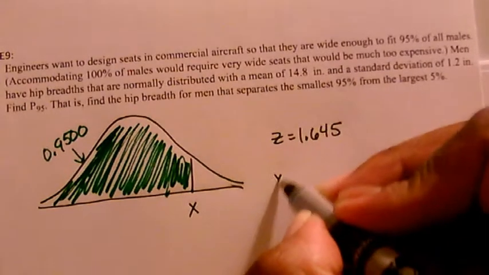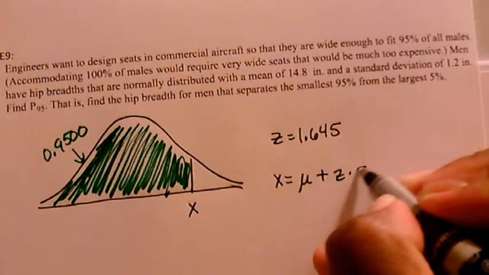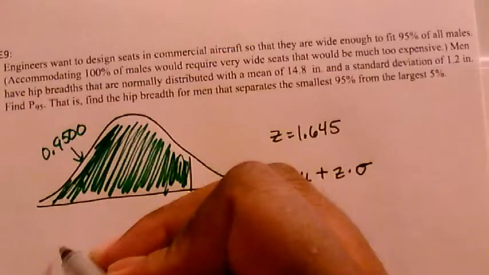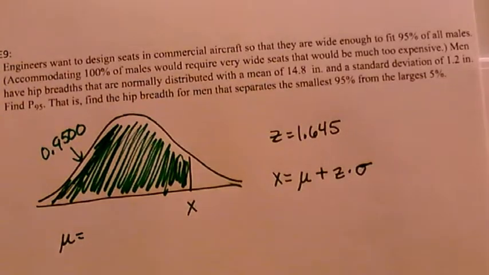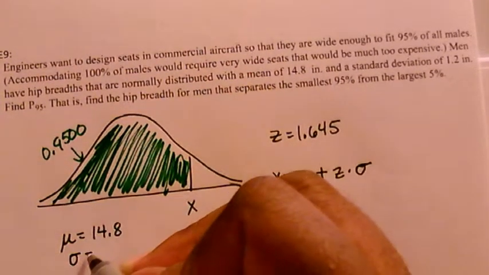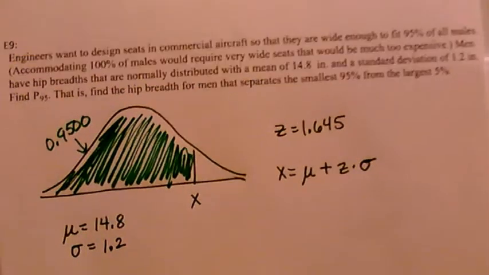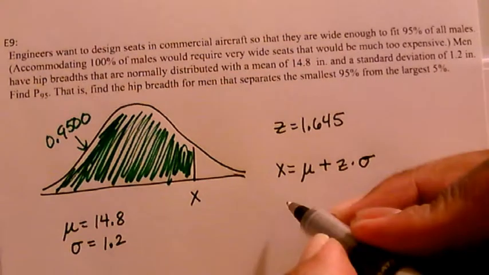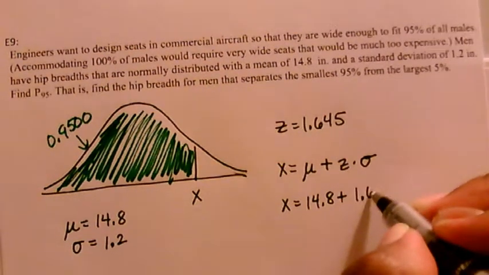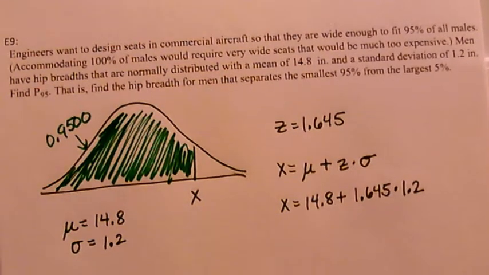And then to find out what x is, that's where we use the formula x is equal to mu plus z times sigma. Okay, and I need to write down what mu is. Here, mu, you were told, was 14.8 inches. And the standard deviation, sigma, was 1.2. So x is equal to mu of 14.8 plus z, that's 1.645, times sigma, which is 1.2.